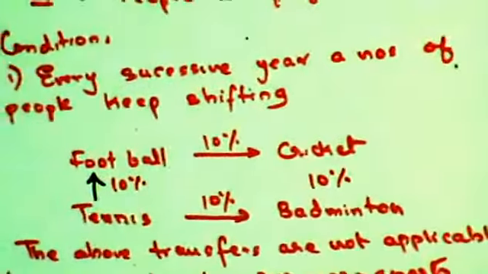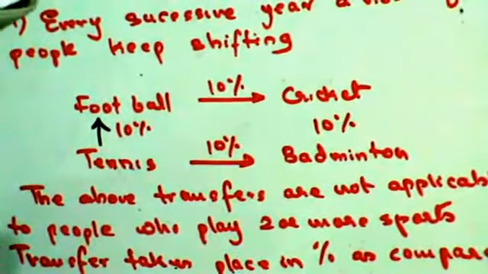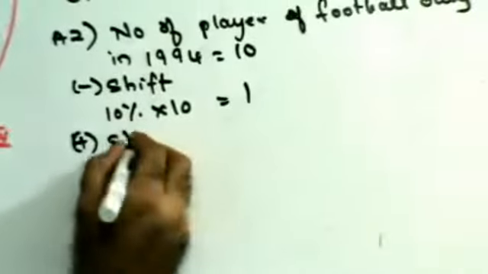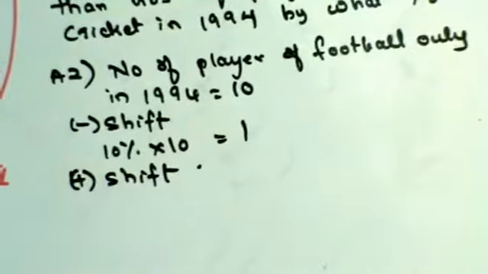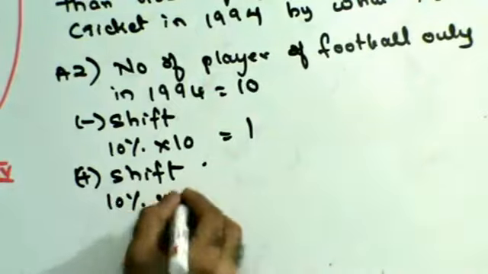Now, tennis is 6, plus the ones who have shifted from tennis to football, which is 10% of 6.